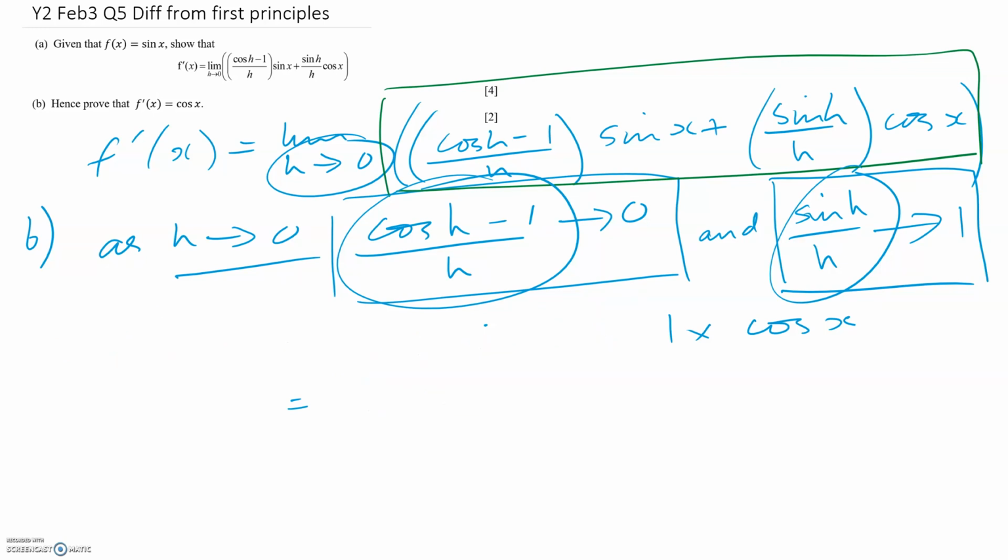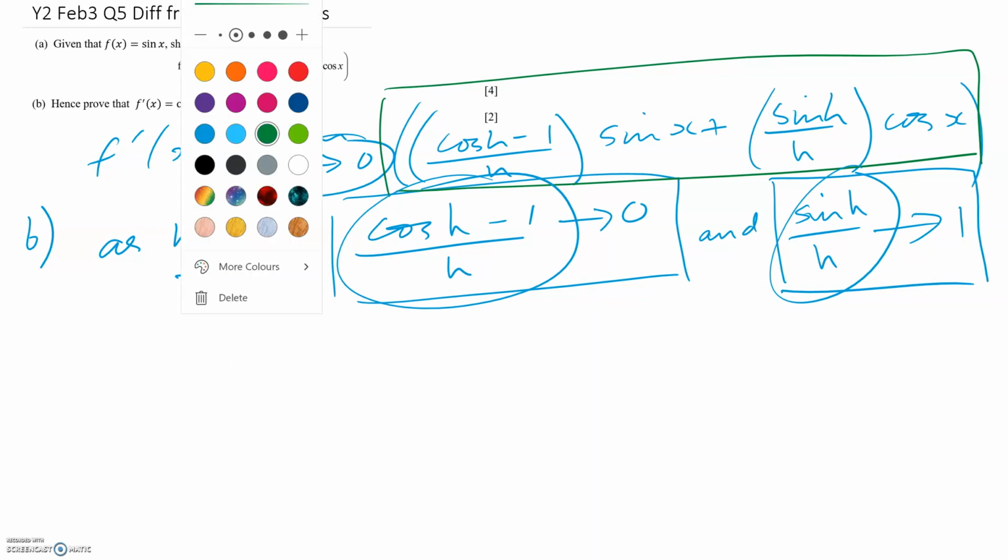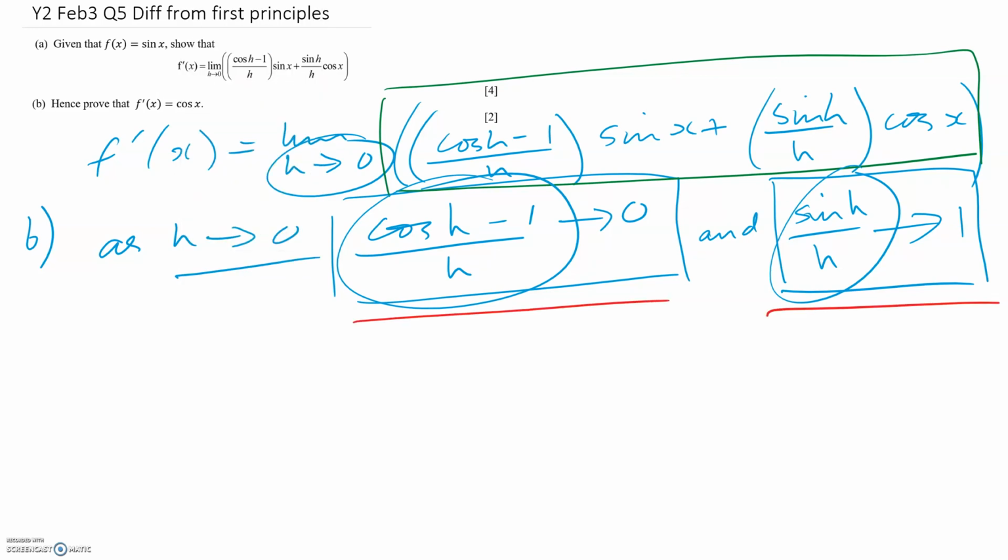We finished the question, but just looking in a bit more depth as to why this is true and this is true. If we look at the small angle approximations, when h is small, this is given in the formula book.